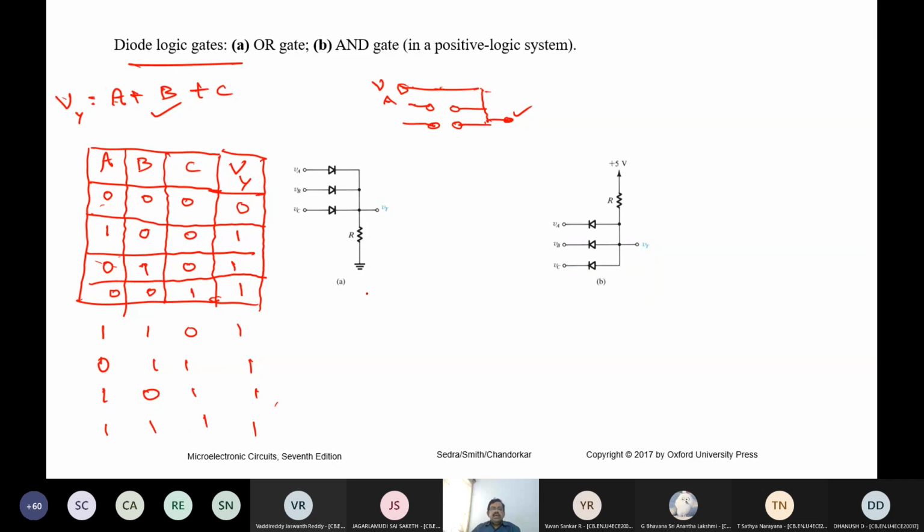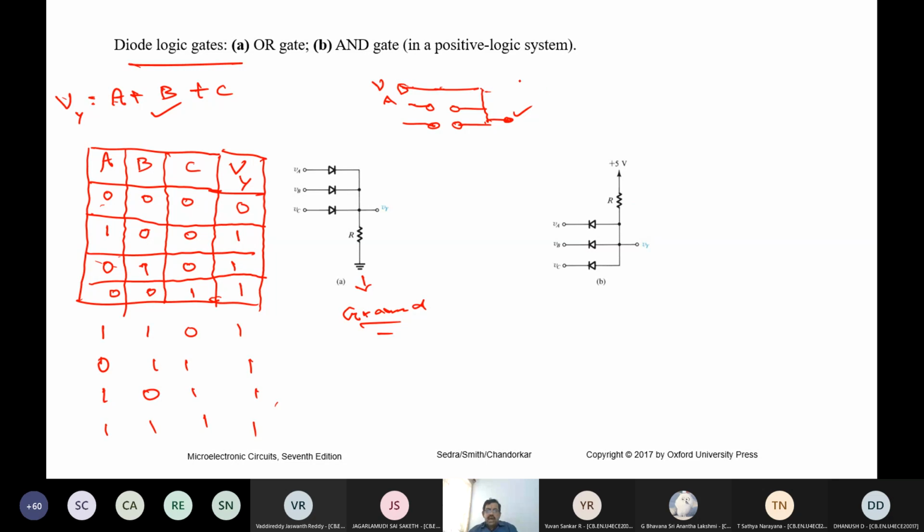So the logic gates can be implemented with the diode, provided we have connected the diode in this manner, where this is actually the symbol for ground. I am sure that you know it already. We have already seen this, but anyway, I'm just repeating.